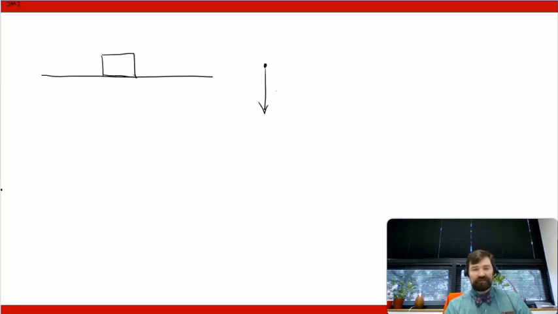This would be basically gravity, so we could say something like F gravity or mass times g, some object with mass. We also know that the object doesn't just fall through the surface. If it's sitting on a tabletop, for example, it sits on the tabletop. It doesn't fall through the tabletop unless it weighs quite a bit.